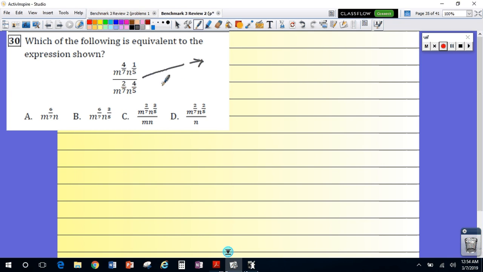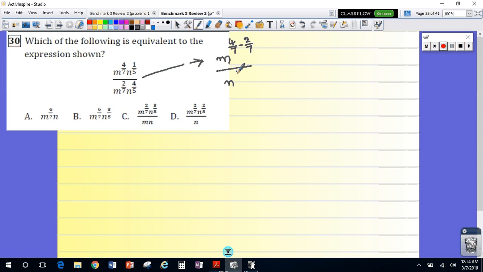Okay, let me simplify this one. Which exponent is more, 4 over 7 or 2 over 7? 4 over 7, right? So I can write this as m to the exponent 4 over 7 minus 2 over 7. Whichever exponent is more, that variable stays there. Similarly here, 1 over 5 and 4 over 5.